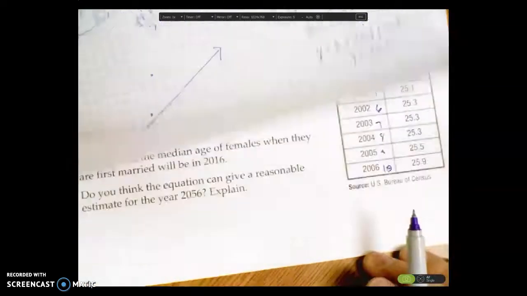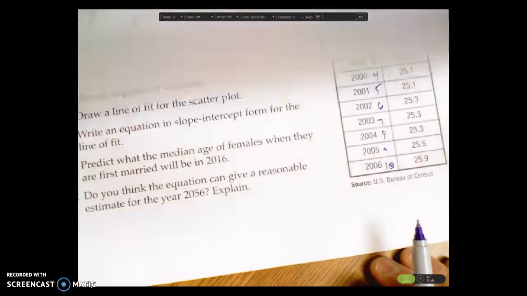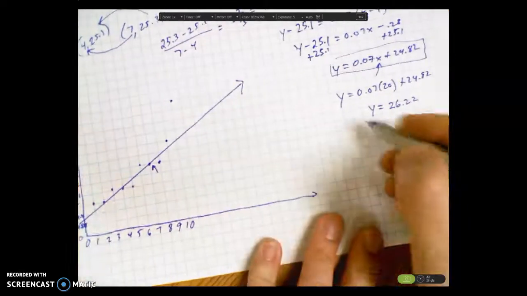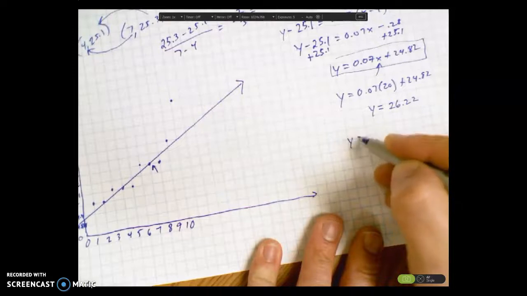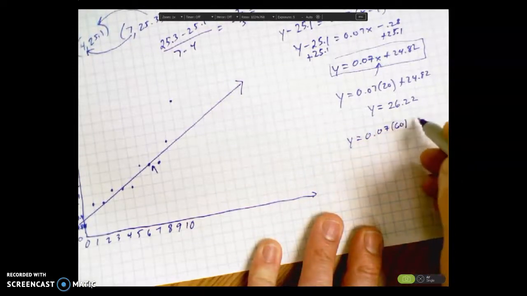And then the next one is 2056. So that's going to be 50 years, right? Actually, it's going to be 60 years. So we're going to do y equals 0.07 times 60. So 60 years from now.